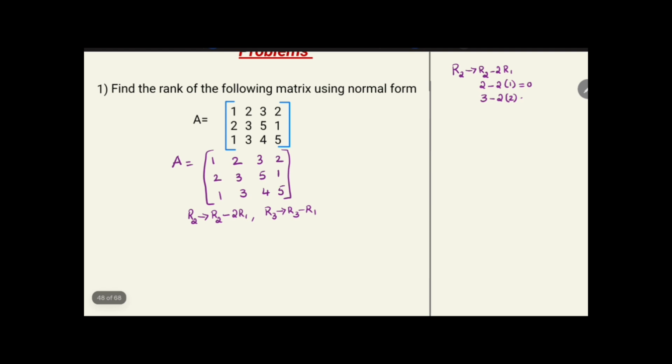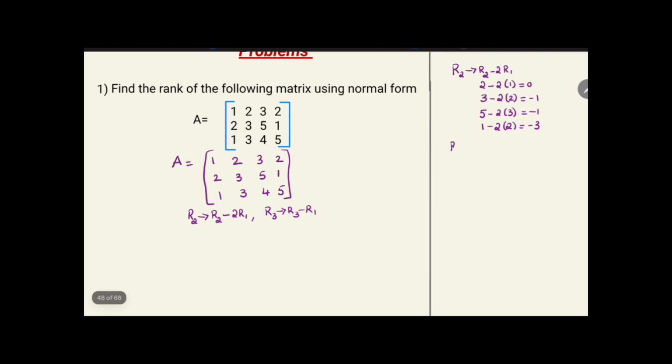So 3 minus 4 is minus 1. The third element of R2 is 5, so 5 minus 2 into 3, that is 5 minus 6, again minus 1. The fourth element of R2 is 1 minus 2 into the fourth element of R1, which is 2. So 1 minus 4 is minus 3. So these are the new elements of R2 now.